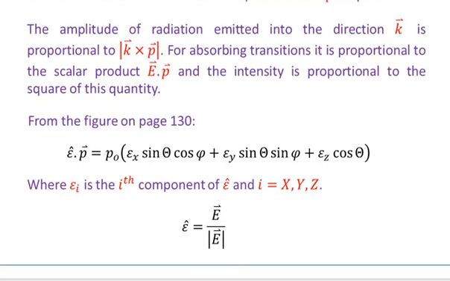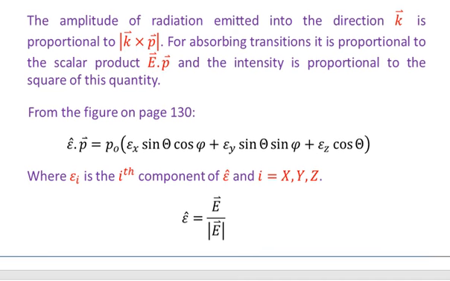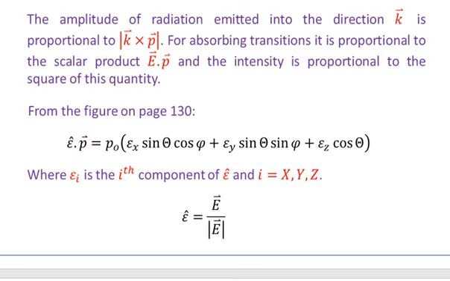Now for the figure on page number 130, you can see that unit vector E dot P will be equal to P naught times Ex sine theta cos phi plus Ey sine theta sine phi plus Ez cos theta, where Ei is the ith component of E hat, and i can stand for X, Y, and Z. And you know that the unit vector E is given by the vector E divided by the magnitude of vector E, where capital E is the electric field of the incident wave.